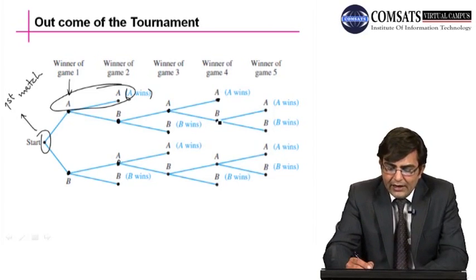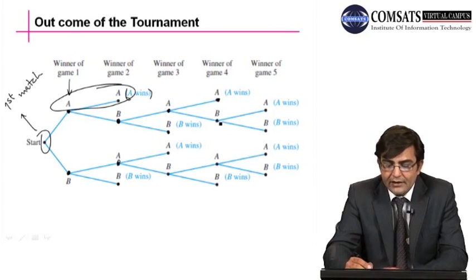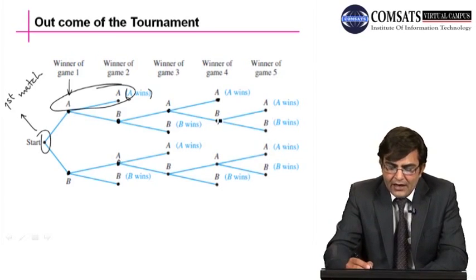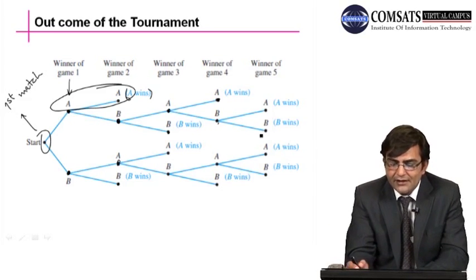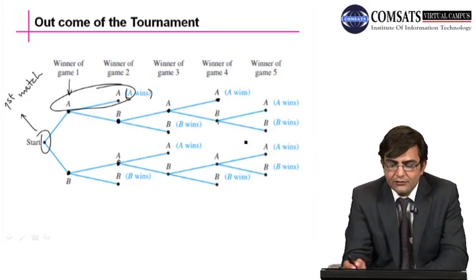Suppose that B has won this game and they play the 5th game, then there are again 2 possibilities. Either A is the winner or B is the winner. Now here, until the 5th game, if B is the winner, then B has won 2 consecutive games here and B is the winner of the tournament.